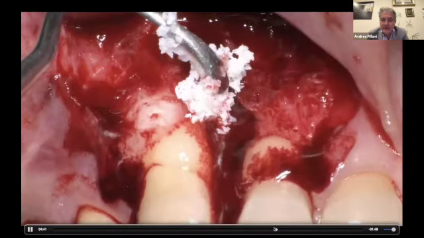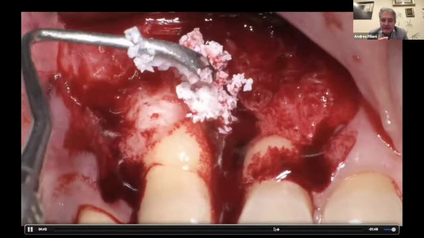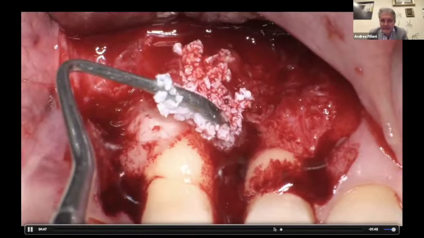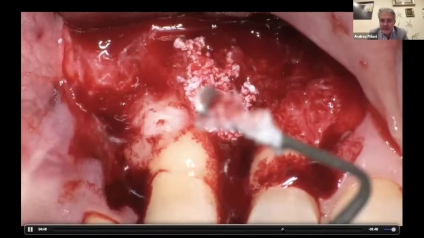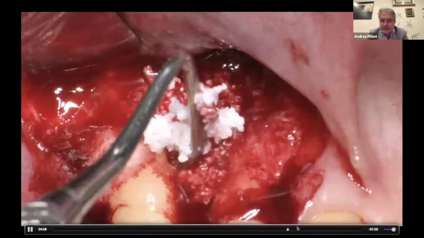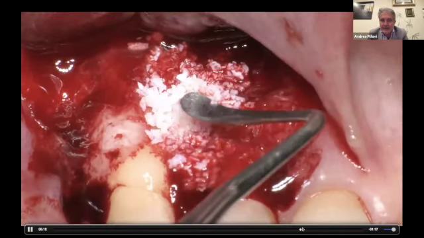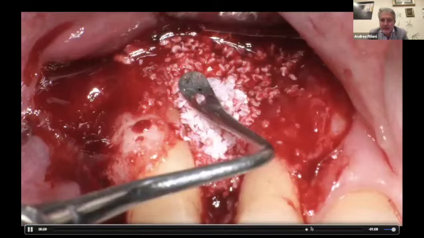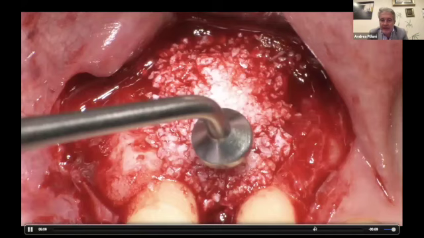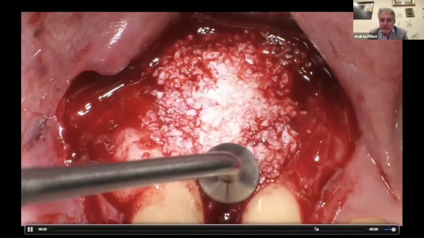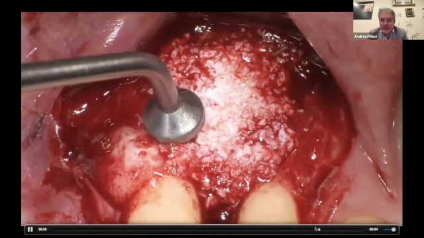Now see how the clot gets stable and becomes a net. You can almost visualize this net of clot. Then we apply our graft in order to fill the area.